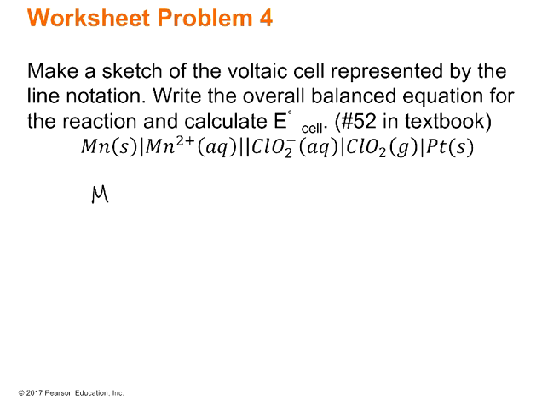Okay, so manganese, we said, becomes manganese 2+. And how many electrons will it lose in that process? 2.